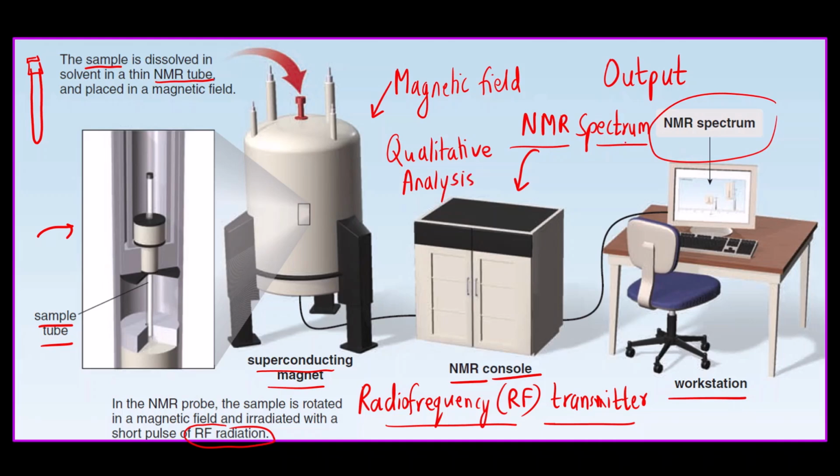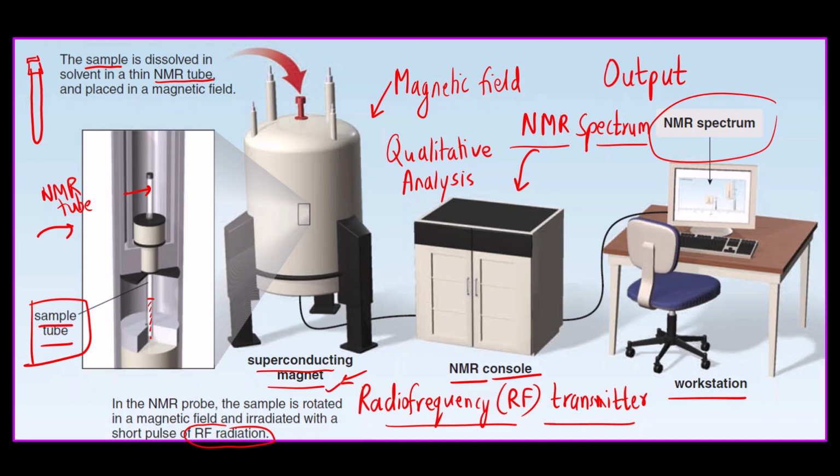This is the basic idea of the NMR instrument. There is a superconducting magnet. Inside that there is a sample holder where you keep the NMR tube, the tube that you can see here, which has the sample. Here you fill your sample, and that NMR tube is kept inside the superconducting magnet.